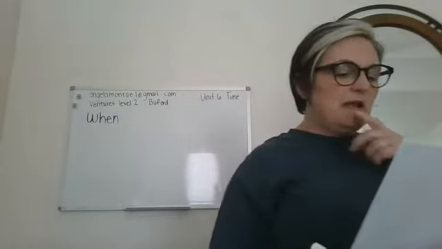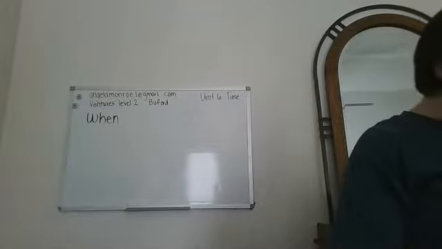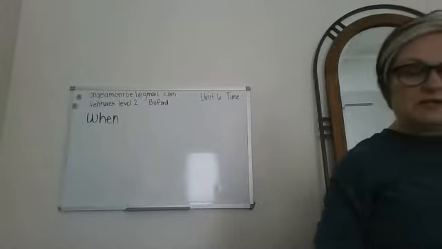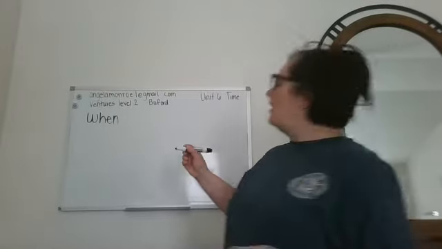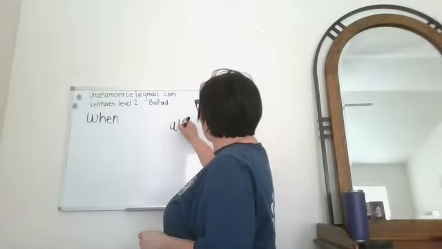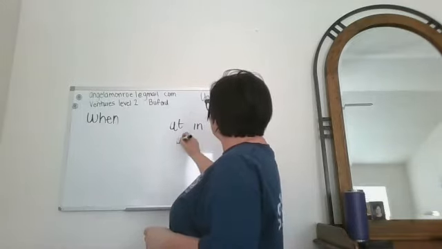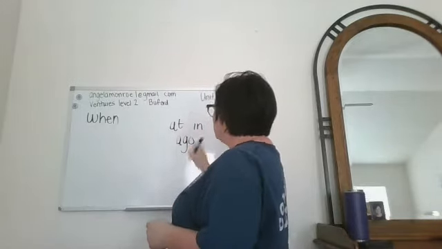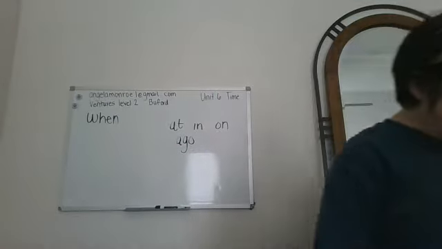Okay, so let's look at part 2, the practice. It says, complete the conversations, using at, in, on, or ago. At, in, on, or ago. So those would be your 4 choices for filling in these blanks.